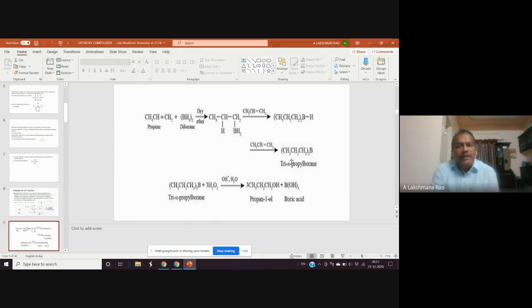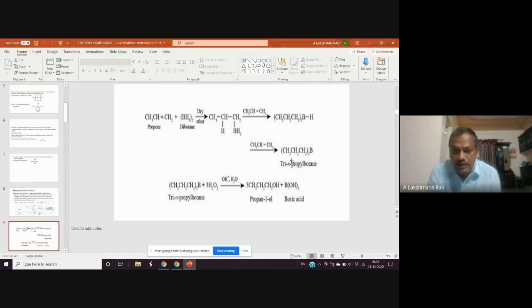After the formation of the trialkyl borane, this trialkyl borane is reacted with alkaline hydrogen peroxide. Then we will get alcohols. Mainly in this reaction, as we are reacting propene with diborane, we are getting propyl alcohol or propan-1-ol.